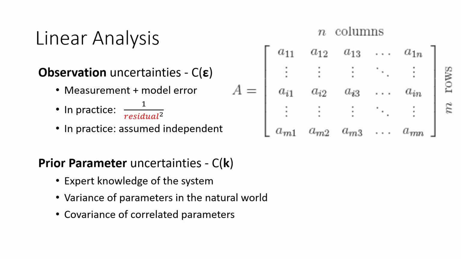PEST and PyEmu have a series of utilities and functions which facilitate the construction of these matrices. It is not as complicated as it might sound. In practice, what is required from a modeler is to specify a variance for each observation or parameter, and where parameters are correlated, assigning covariances between pairs of parameters. The latter is also accomplished with various tools available in the PEST and PyEmu suites of software.